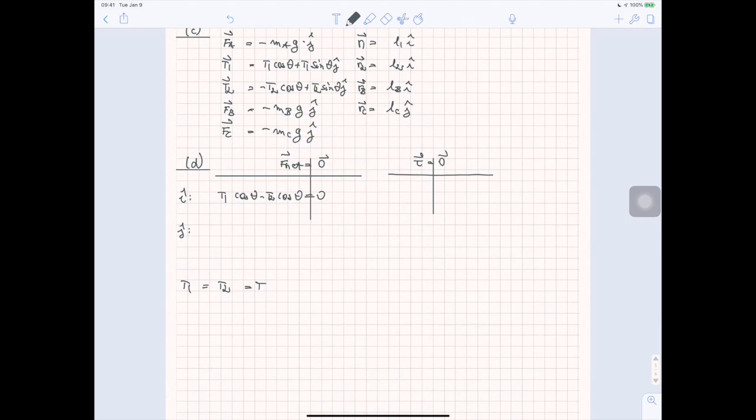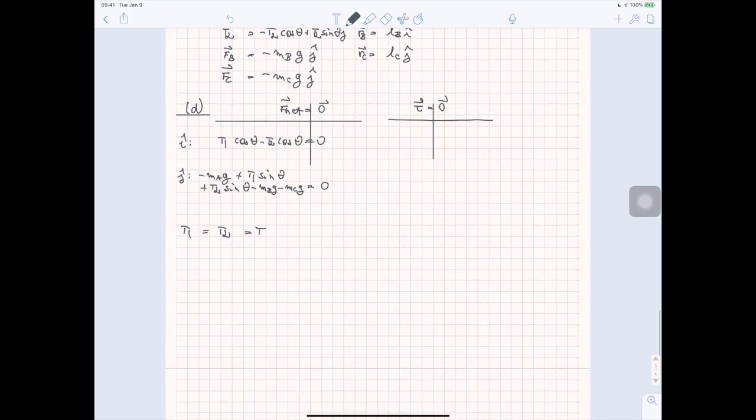And here the sum of all forces along J is minus MAG plus T1 sine theta plus T2 sine theta minus MBG minus MCG equals 0.